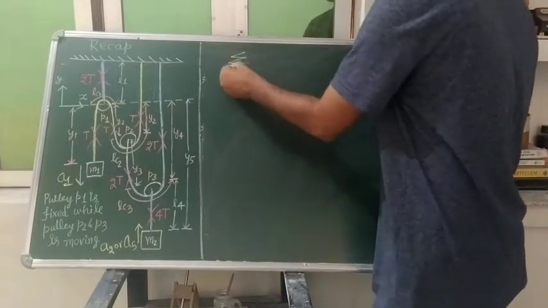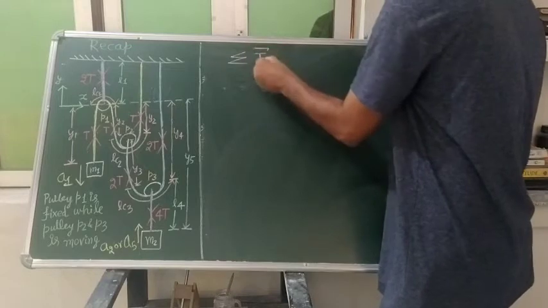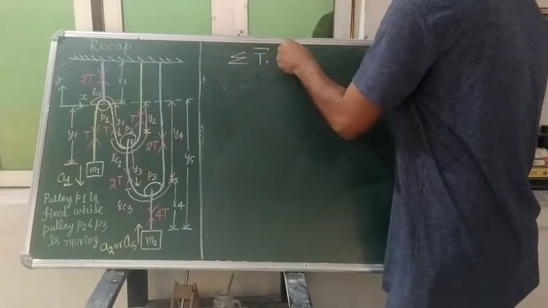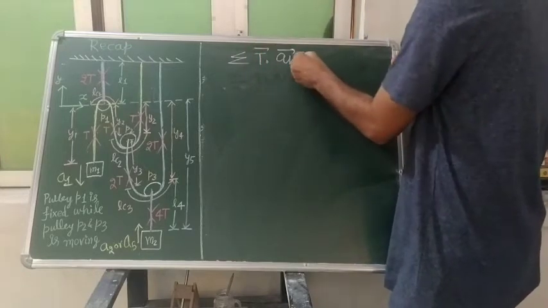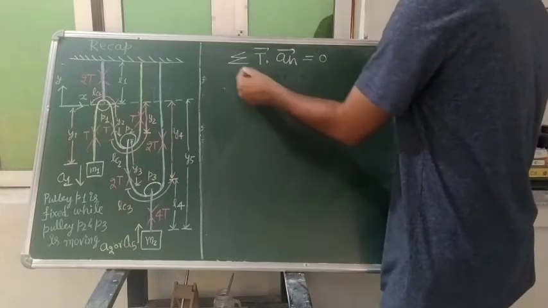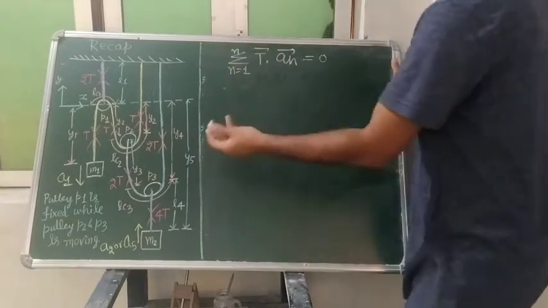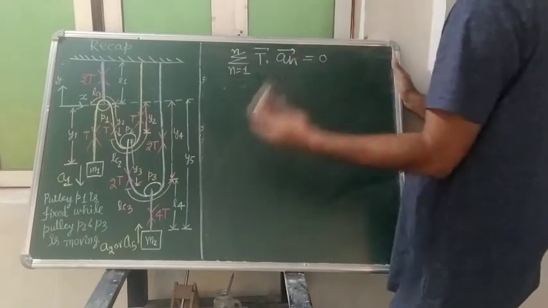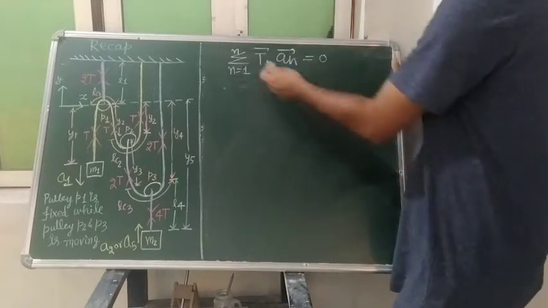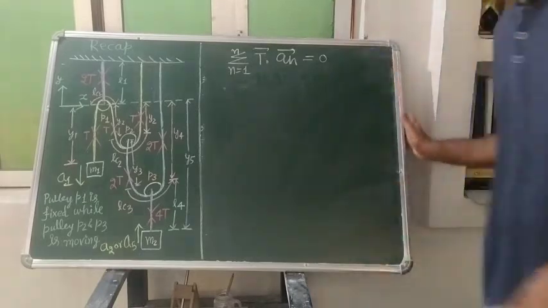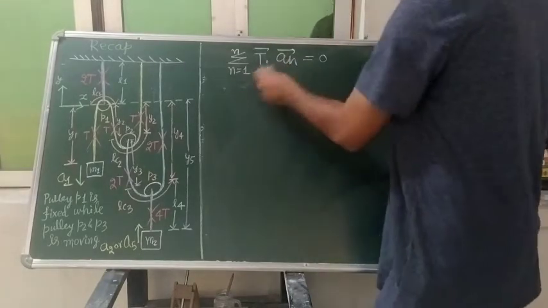The vector sum of the tension vector T and the acceleration vector should be equal to 0, and this can go from 1 to n, whatever number of things are present there. So now this will become what?